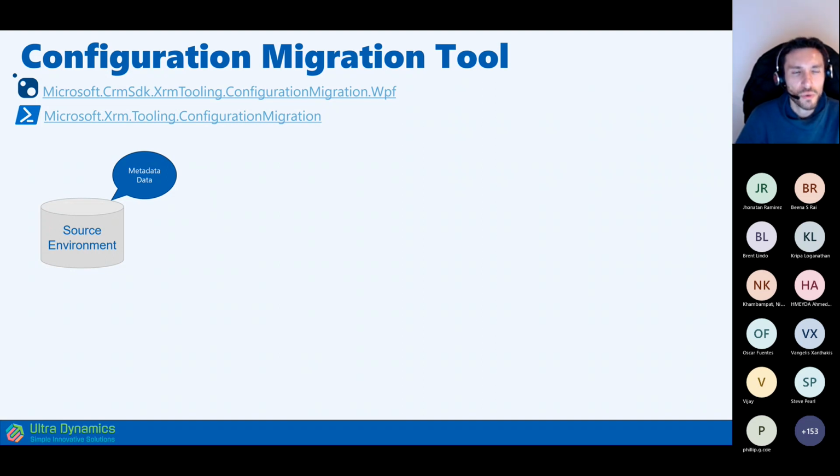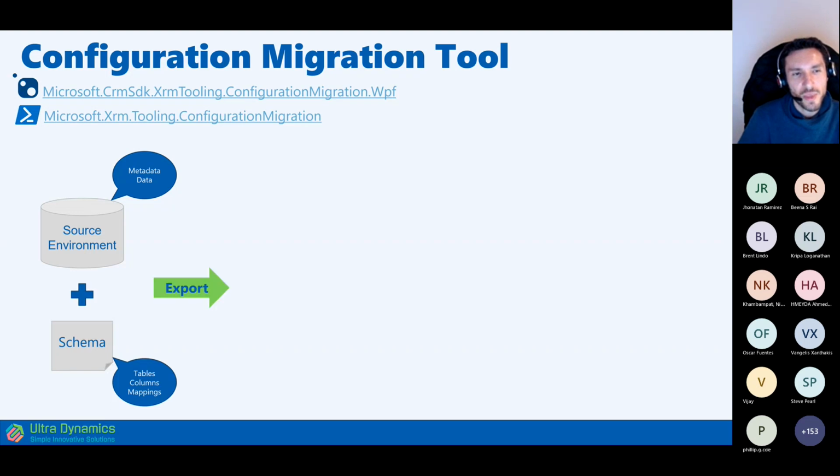So you decide on your source environment, and then using the configuration migration tool, you can build a schema. And the schema is nothing more than saying what tables and what attributes you're interested in. Once you define what data is your reference data and how you match against it, you then use the schema, go to the environment and export that data.